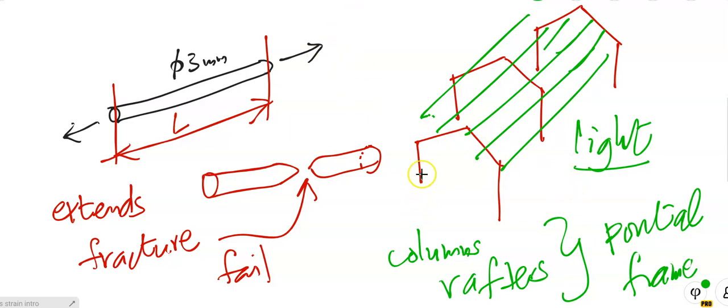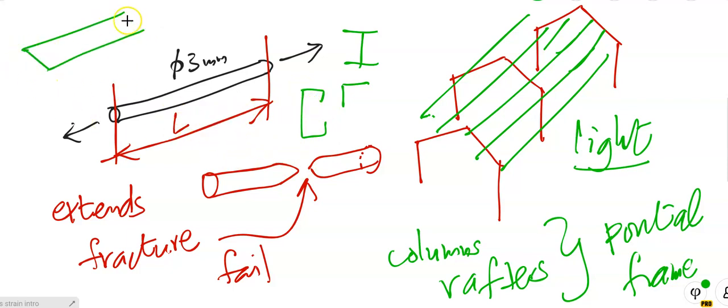So if it's an I section for columns, we want to put the smallest ones in. For purlins, the members running across the roof, we normally use steel angles like we did in section properties, or we can use what we call lipped channels. When I say lipped, it means we take a plate, let's say a 3mm plate, and we bend it 1, 2, 3, 4.